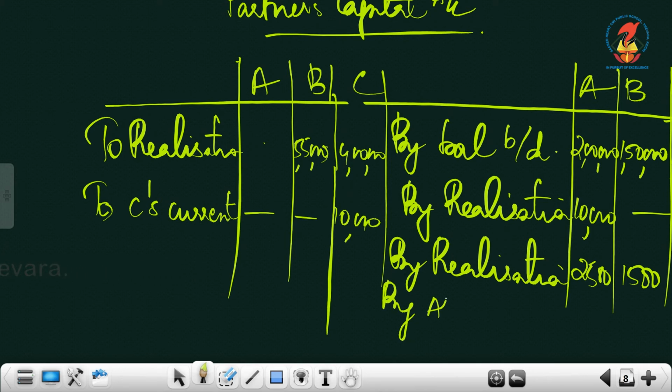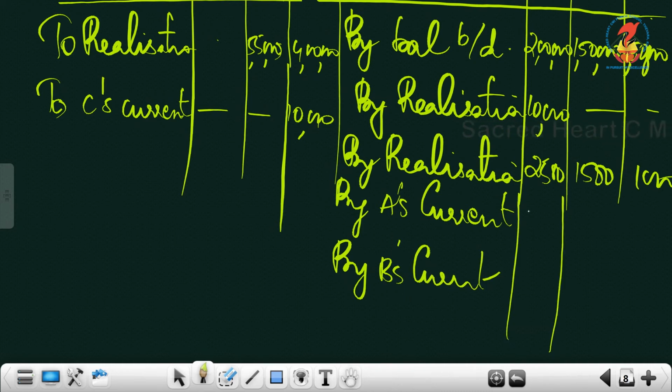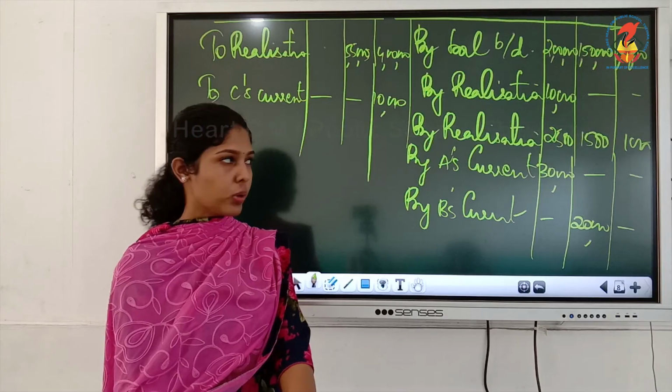Then by A's current and by B's current, 30,000 and 20,000 in B's column. Okay, so that step is over.